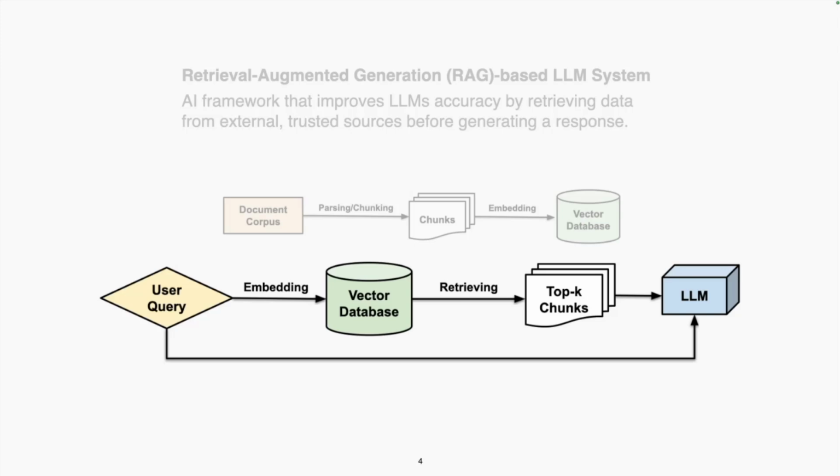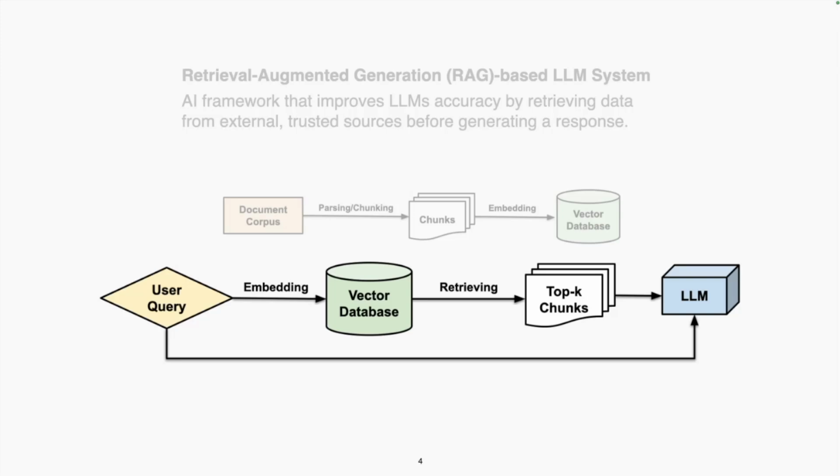There will be a user query, and we embed it in the same way we embed the document chunks, and then compare the similarity between the embedded user query and the embedded vectors in the database, so that we can retrieve the relevant top K chunks.